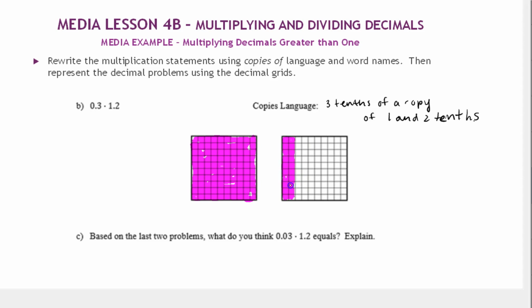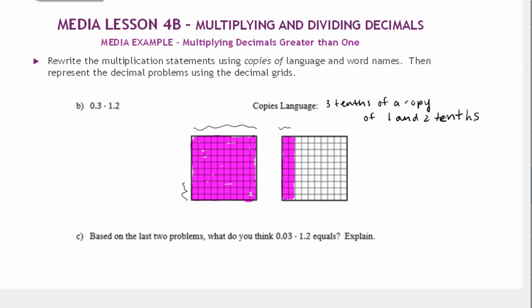Okay. So again, for the purpose of this problem, we'll think of this as the vertical columns. This is 10 columns. 10/10 is 1. 2/10 is that 2/10, or we have a total of 12/10. Now we're going to take 3/10 of a copy. So now I'm going to think of the horizontal, and we would go up 3 rows to find 3/10.